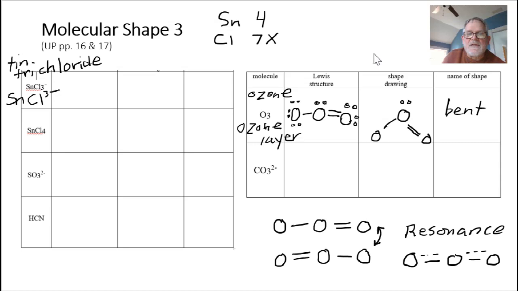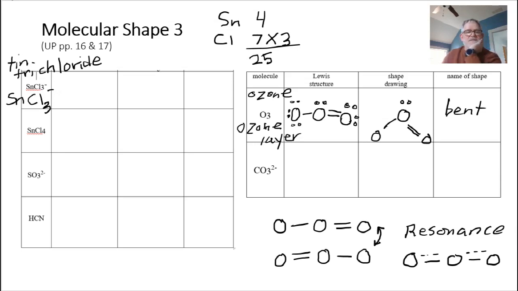So I have to multiply by 3, the 7 times 3. And in total, we have 7 times 3 is 21, plus 4 is 25. Okay, let me erase that. Let me put that the way it's supposed to be.